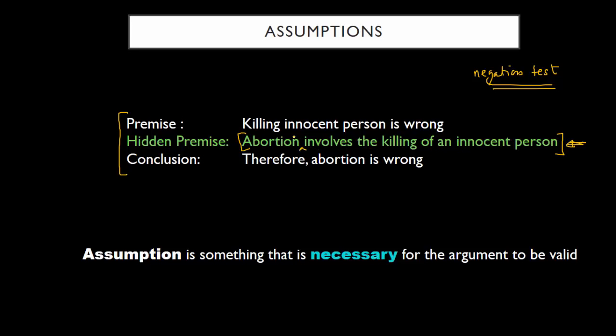So you just negate and see: abortion does not involve the killing of an innocent person. Check, if this is true, what will happen to the original argument? Killing of an innocent person is wrong, therefore abortion is wrong. The moment abortion does not involve the killing of an innocent person, the original argument completely gets destroyed, which is why we can say that this is a valid assumption.